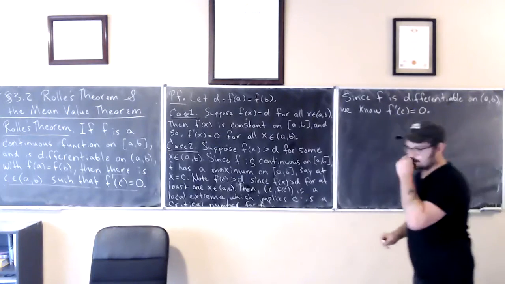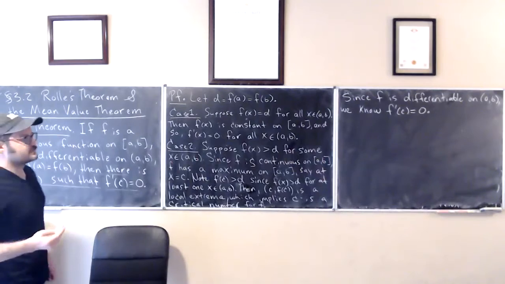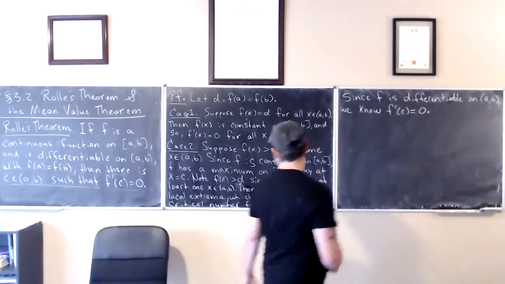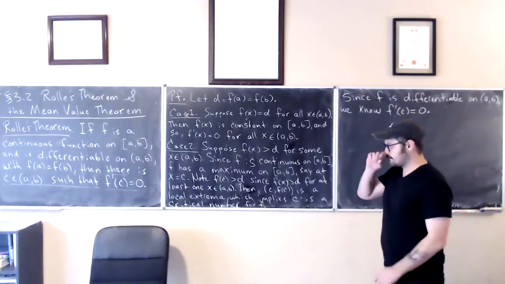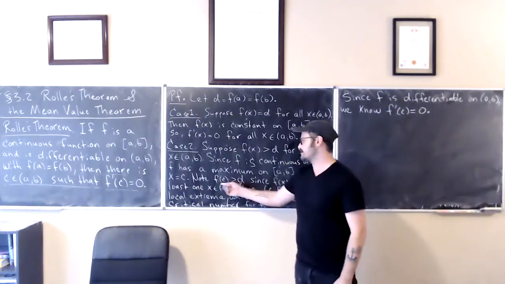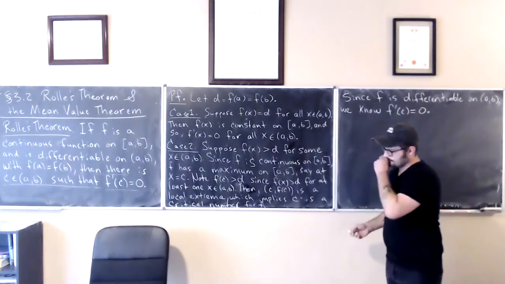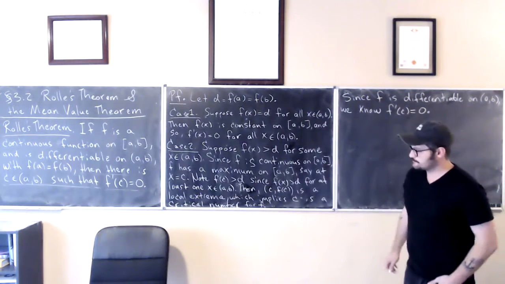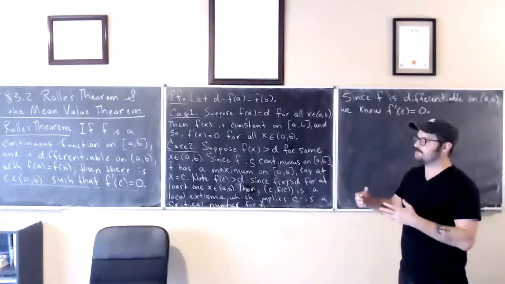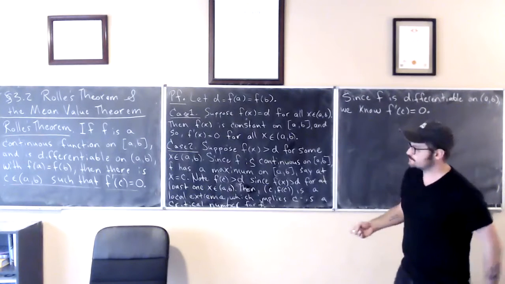So again, the idea is that it's continuous on AB, it's differentiable on the open interval AB. So the extreme value theorem says that it attains a maximum on that interval. That maximum is greater than the endpoints, because that's what we're supposing in this case. And then that gives us a critical number of the function. And since it's differentiable, we know that the derivative at that critical number is 0.